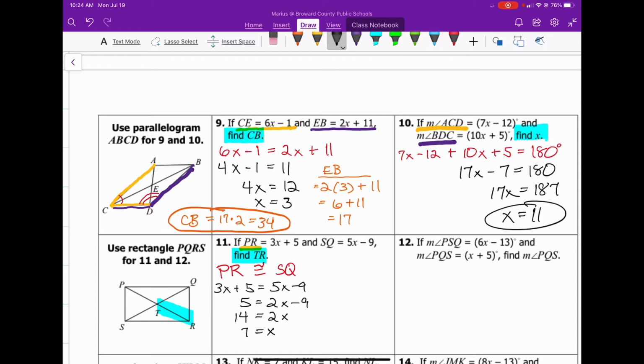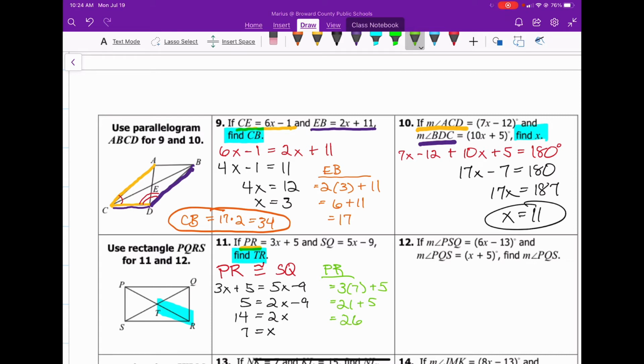In order to find TR, we need to know what PR is. So let's figure out what PR is. PR is 3 times 7 plus 5. So that's 21 plus 5, which is 26.